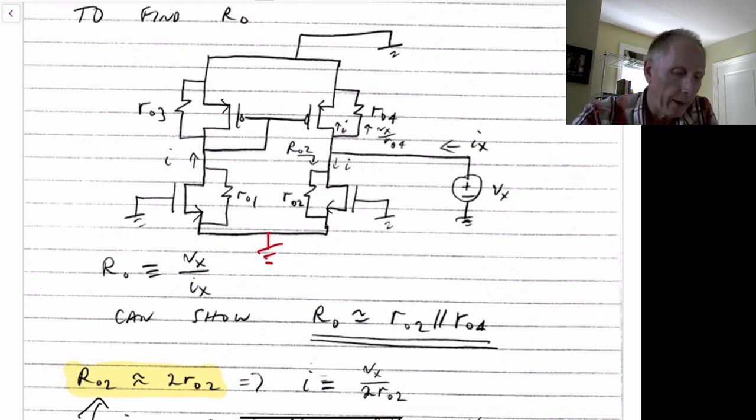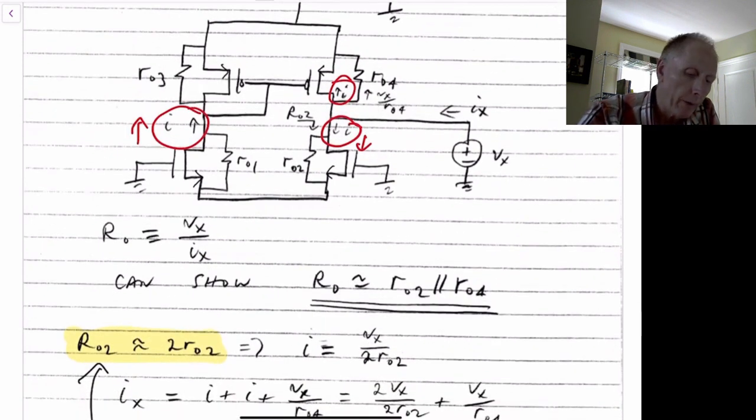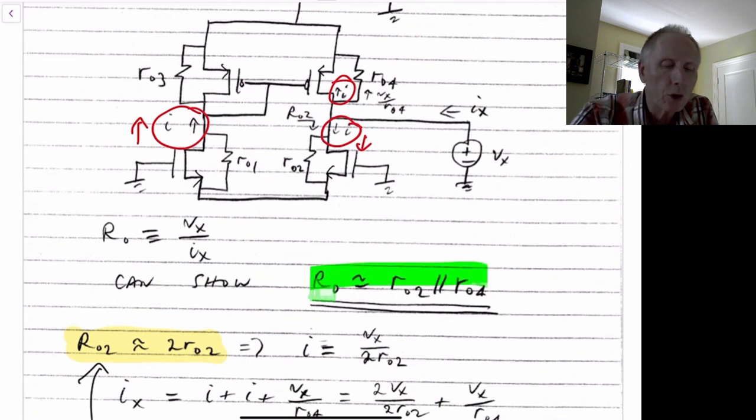In actual fact, if you go through the analysis, what you'll find is that this current I sub x has a current I that goes down through this path, but then it comes back up through this path, and then it gets mirrored through here as well. So there's a circular flow around this circuit that does give you this simple result, but the simple explanation is a little oversimplified, gives you the right answer, but for the wrong reason.